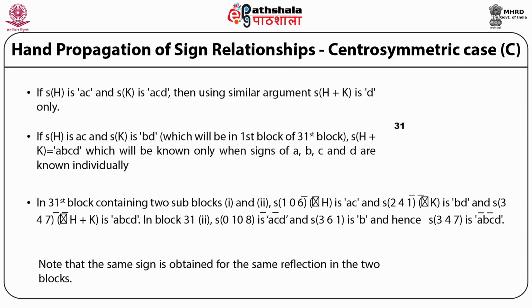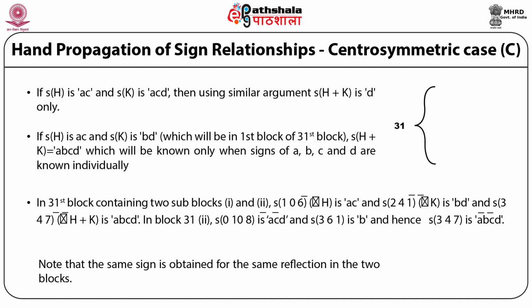So let us have another example. If your parent reflection H has a sign AC and another parent has a sign ACD, then the new daughter, which is the H plus K reflection, will have a sign AC times ACD. So now we have A square, C square, D. Whether A is plus or minus, whether C is plus or minus, A square will be positive, C square will be positive, and the answer is simply D. Suppose we have one parent reflection H with sign AC and K with sign BD.